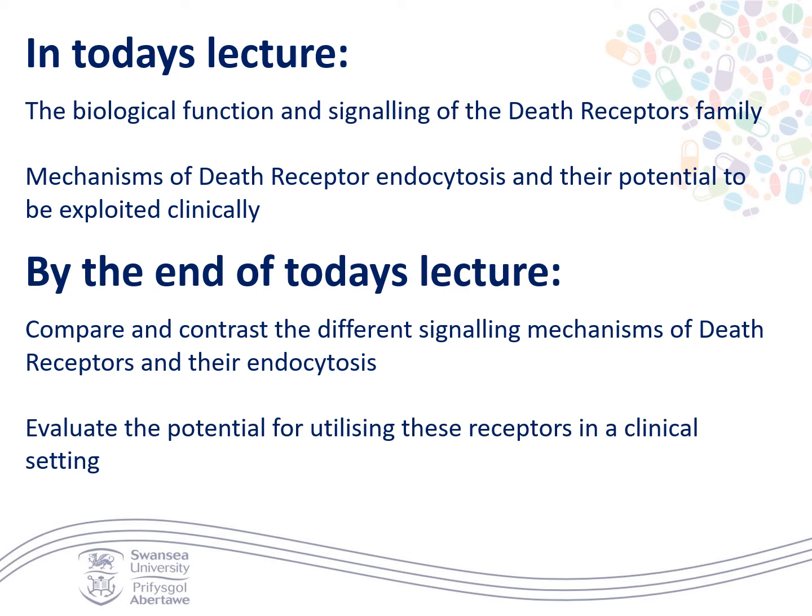And you should now be able to compare and contrast different signaling mechanisms of these receptors and the evidence which supports their role of endocytic machinery and how these are ultimately regulated following activation of these receptors. And you should be able to evaluate the potential use of exploiting these death receptors for clinical benefit.